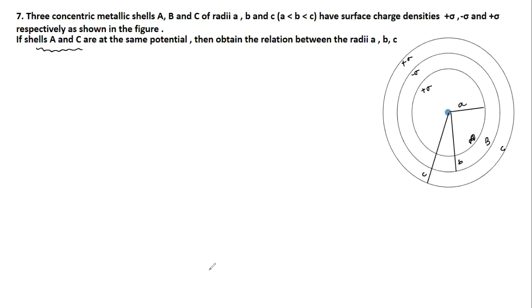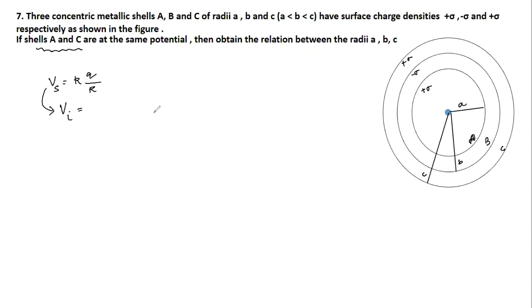For any metallic shell, the potential at the surface is always KQ by R. R is the radius of that shell, and Q is the charge distributed over that metallic shell. This is the potential we have over the surface. The same potential exists inside the shell also, because inside a metallic shell there is no electric field; the electric field value is 0.